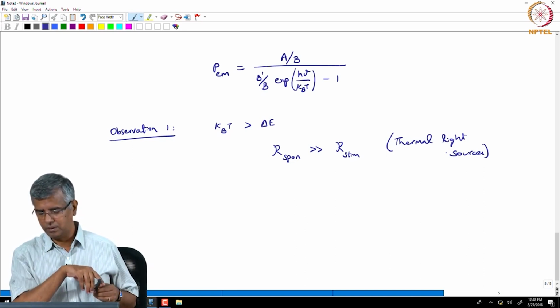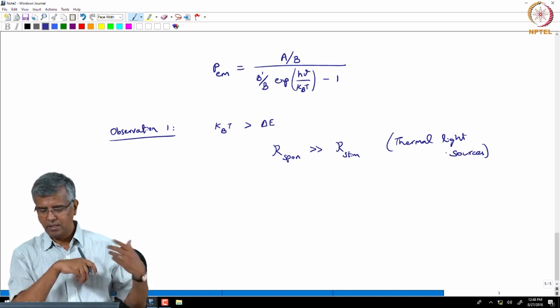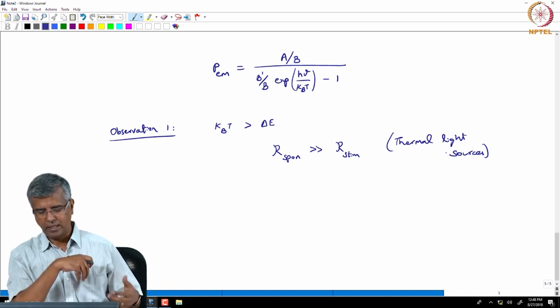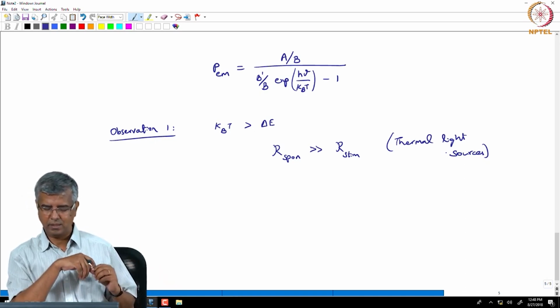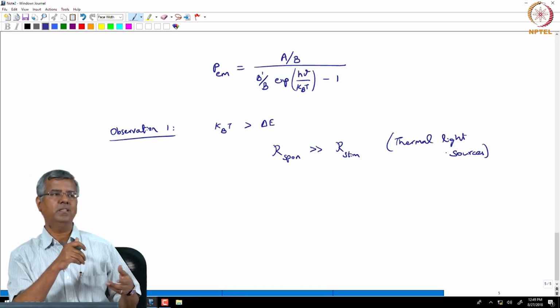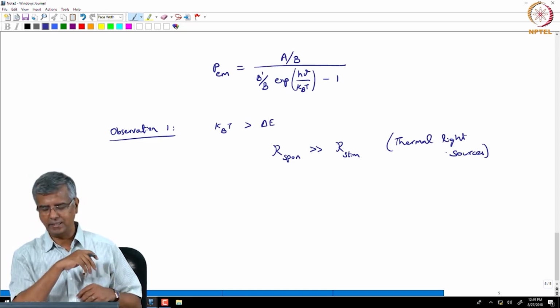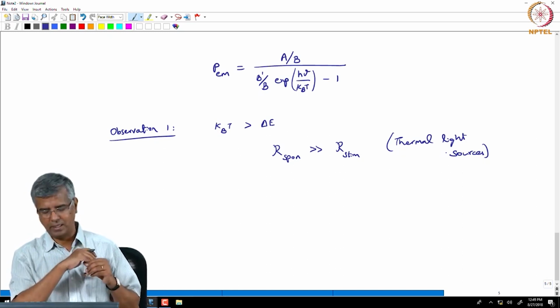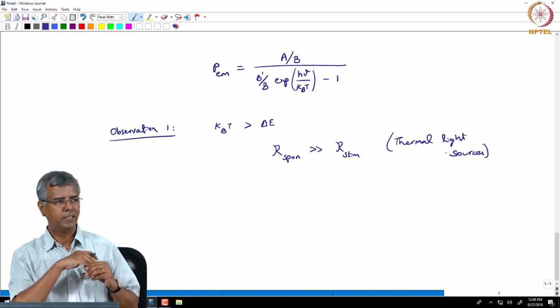So you have this, and then you come up with this other observation that to have stimulated emission, one of the necessary conditions is that your delta E is far greater than kBT.